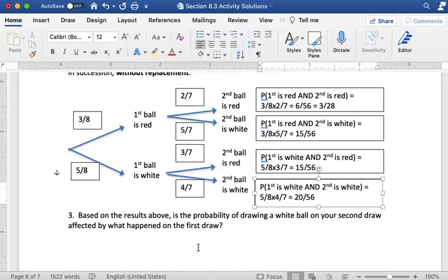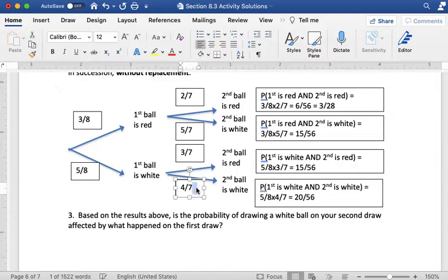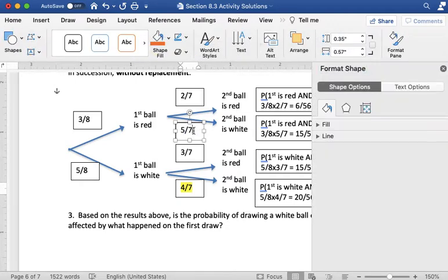Question 3 says, based on the results above, is the probability of drawing a white ball on your second draw affected by what happened on the first draw? And so let's compare our 2 probabilities of getting a white ball on the second draw. This is the probability if the first ball was white is 4/7. If the first ball was red, then the probability of getting white on the second draw is 5/7.